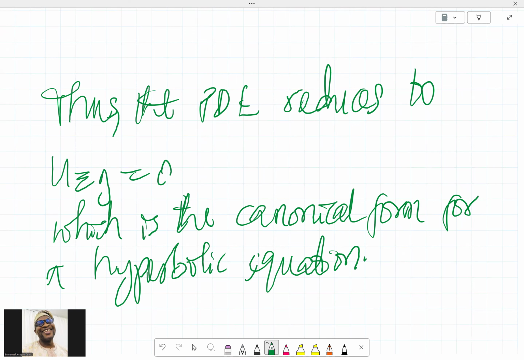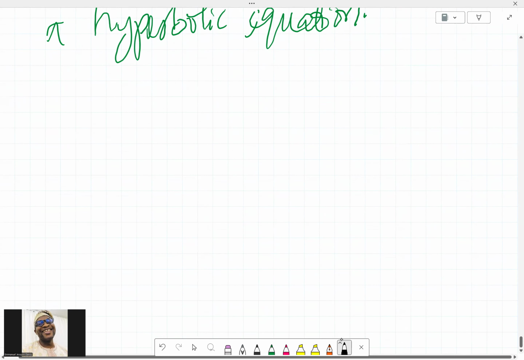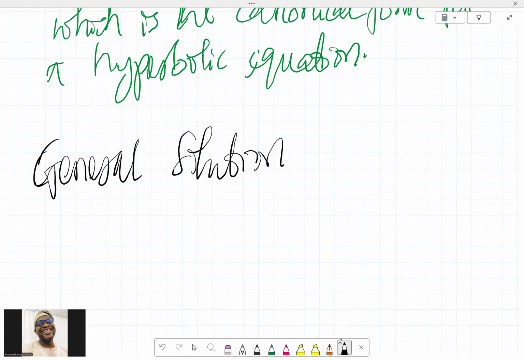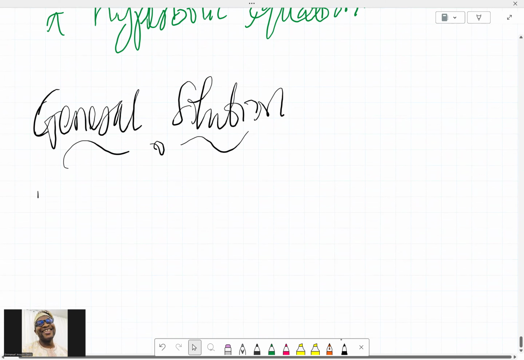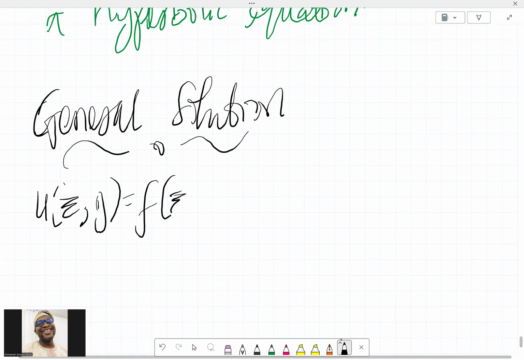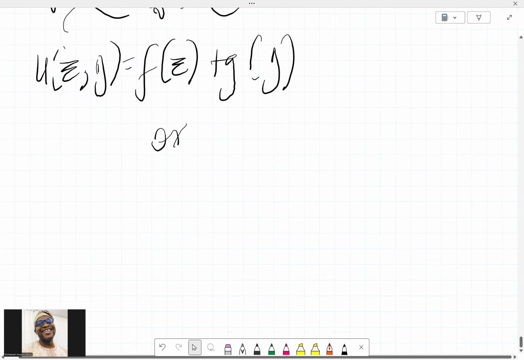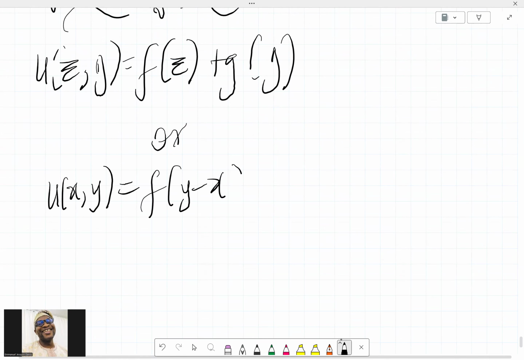So with that in place now, the general solution of this, for this kind of thing, is usually given as u of psi, comma, eta equals f of psi plus g of eta, or if you want to talk about it in terms of x and y, u of xy would usually be f of y minus x plus g of y minus 3x.